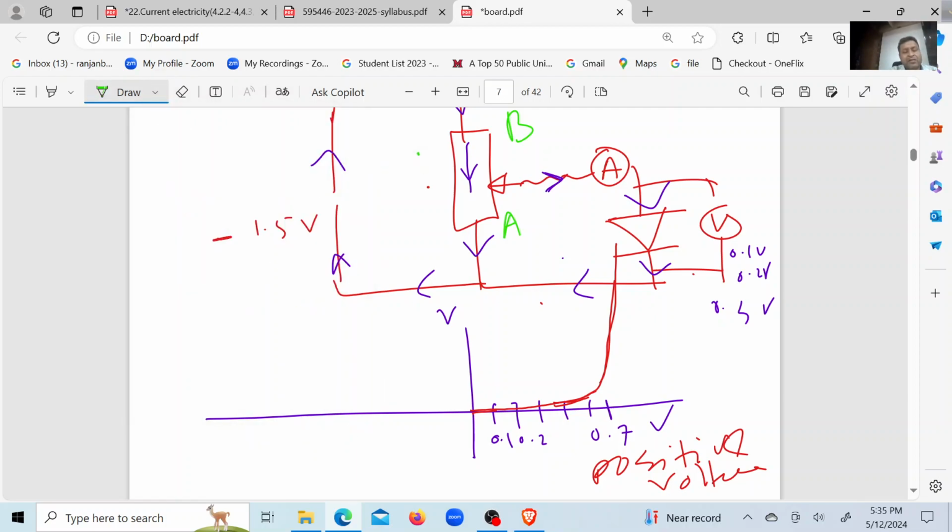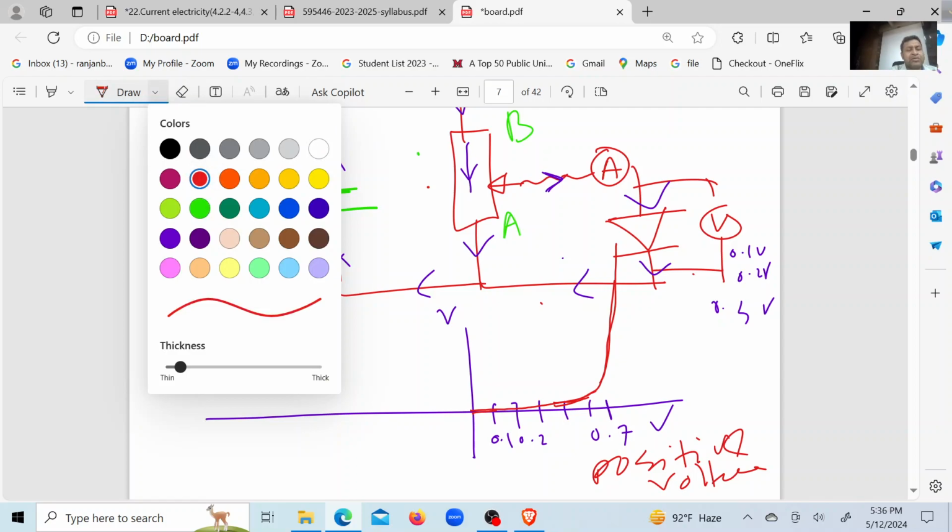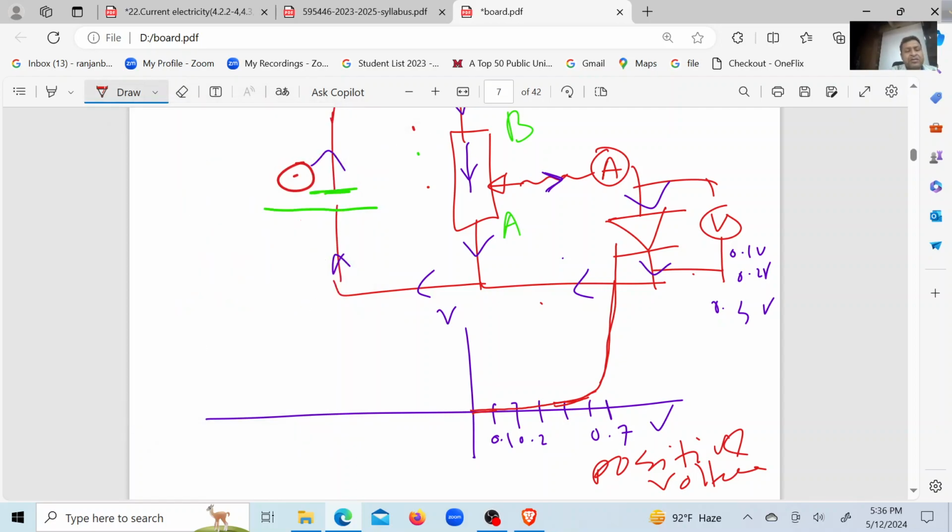Plus and minus have been reversed. Previously, this side was positive, but the same side is now negative. This side is positive. So if previously it was 1.5 volt, now it is 1.5 volt but negative.